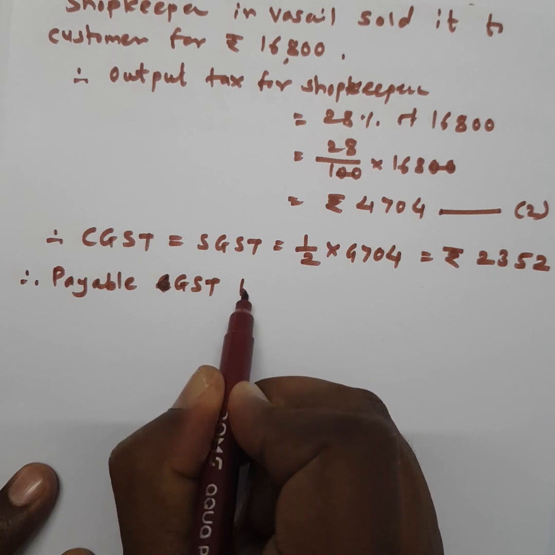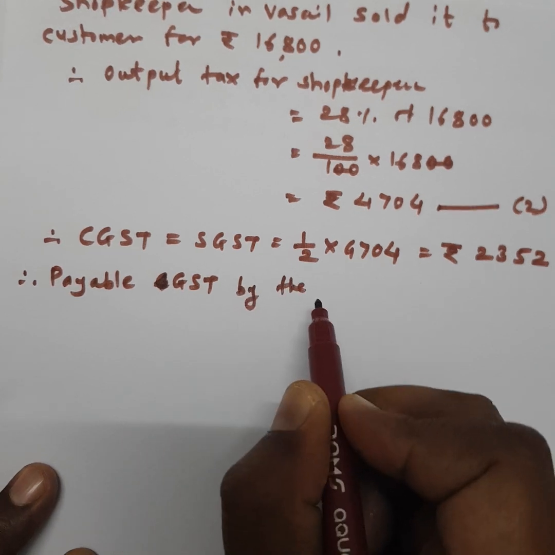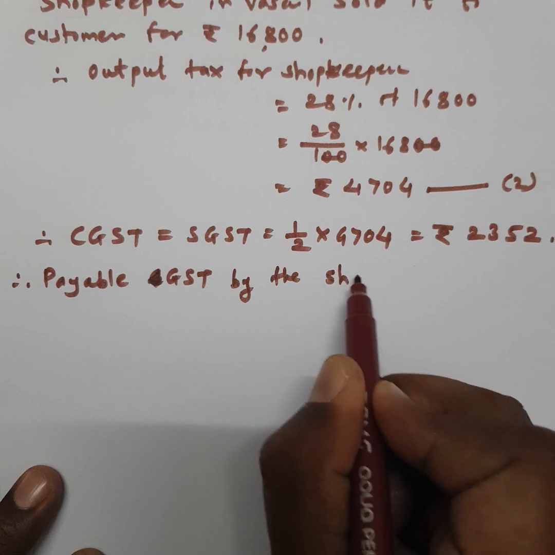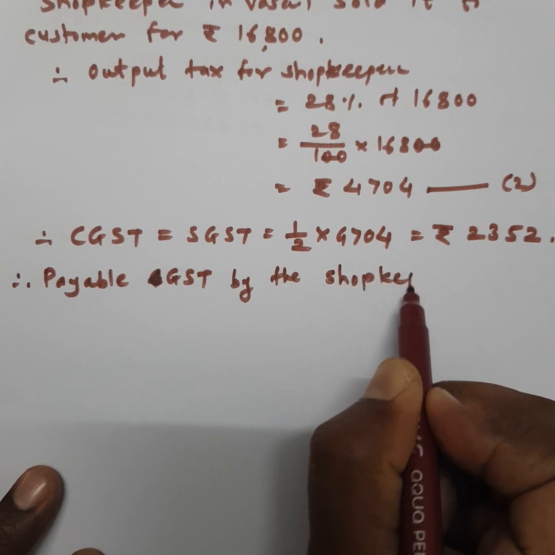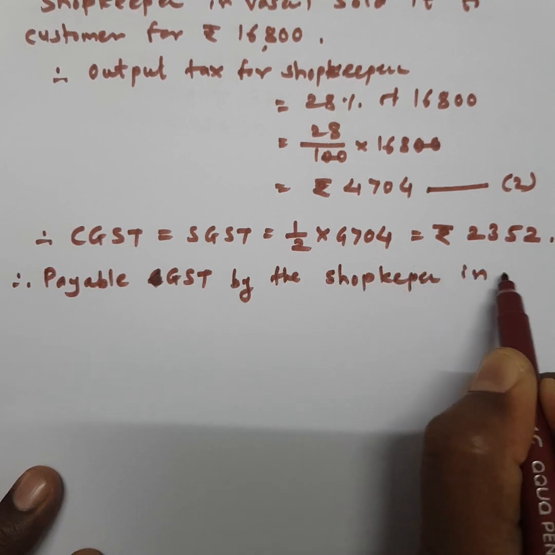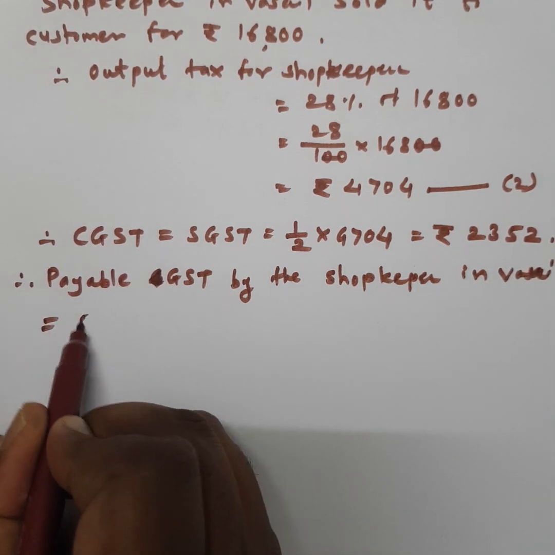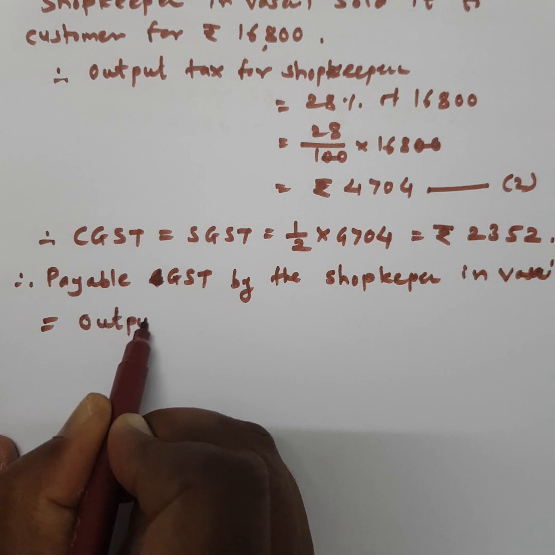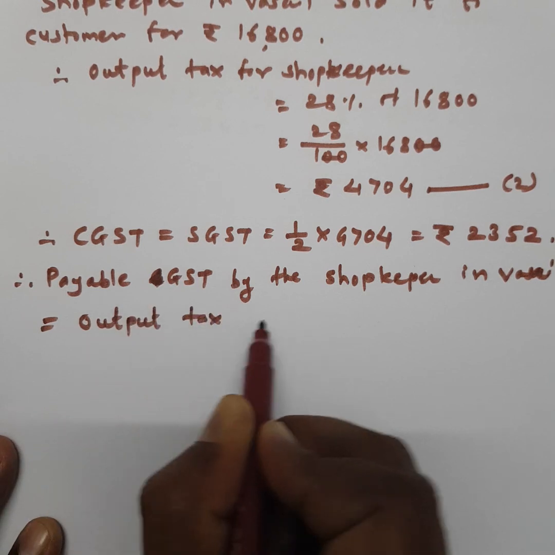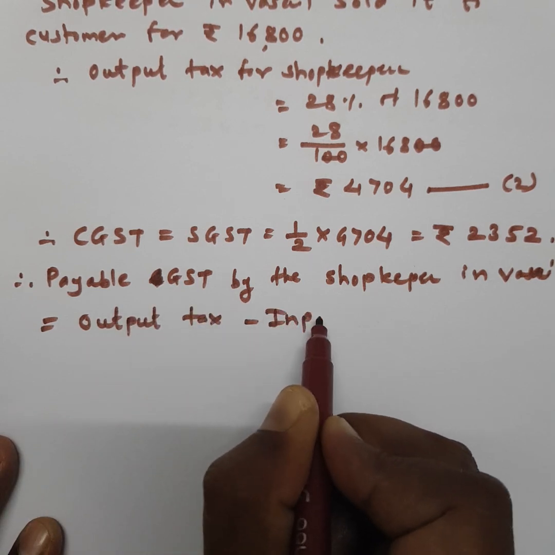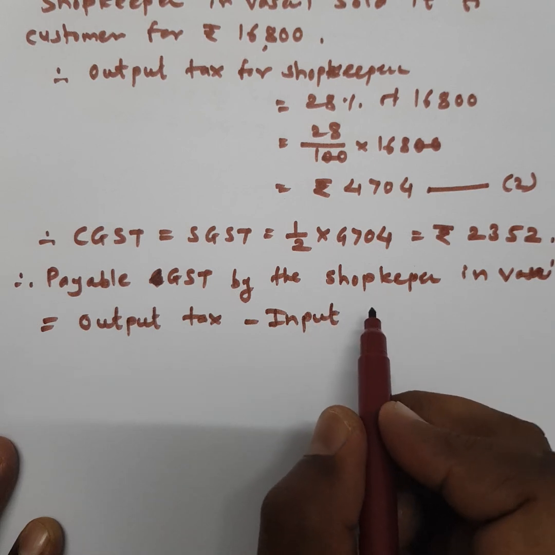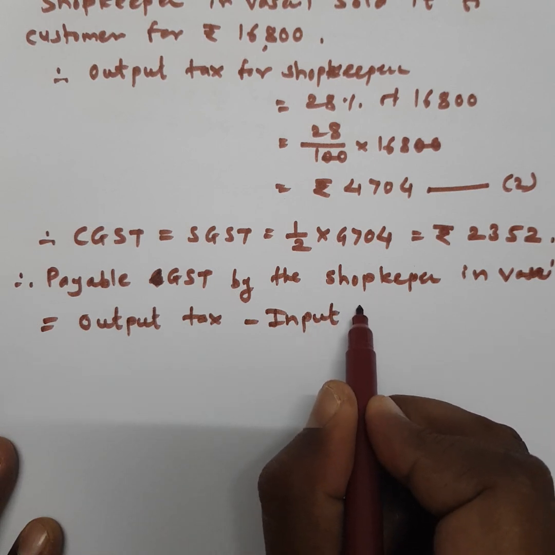Payable GST by the shopkeeper in Vasai is equal to output tax minus ITC or input tax credit.